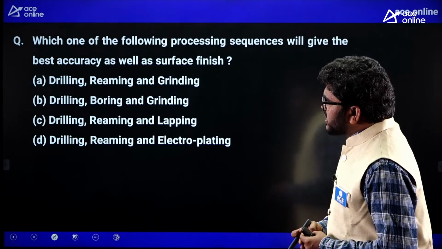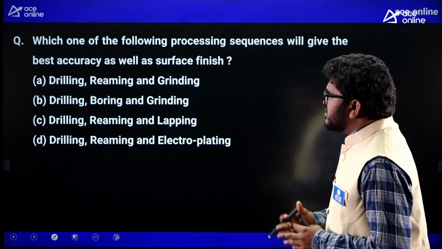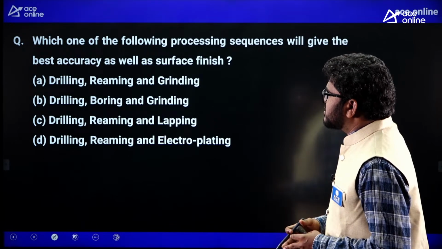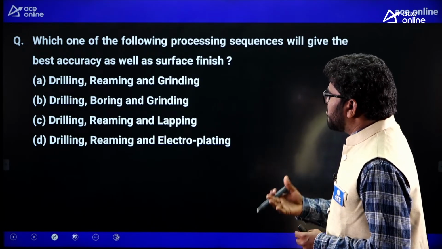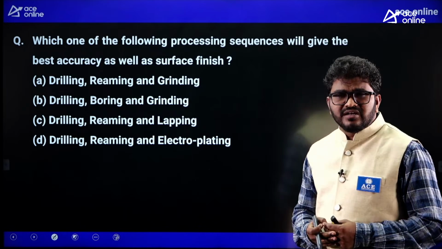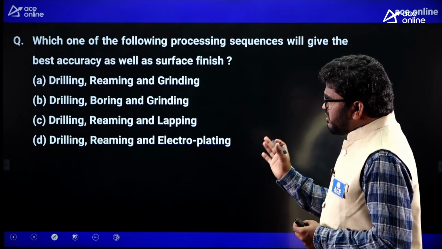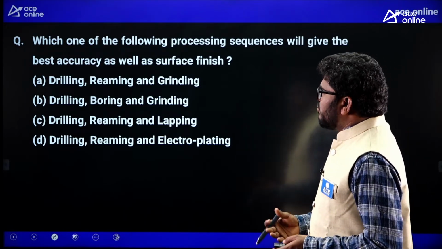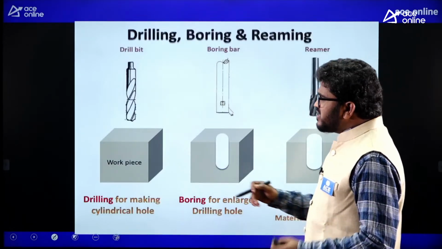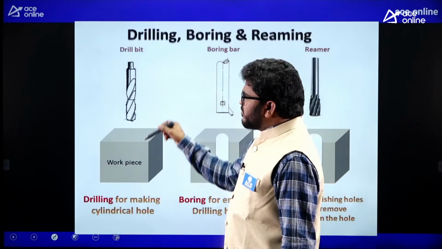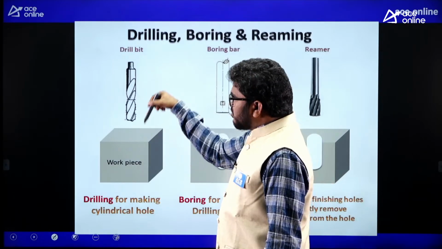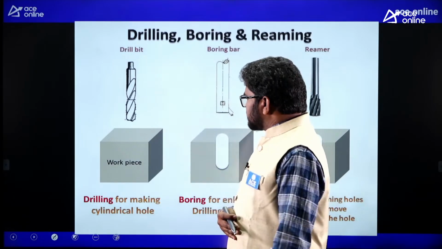Now, 4 options are given. In all 4 options, drilling is there, reaming is there, some places grinding is there, boring is there, lapping is there, etc. First of all, we will discuss these things. What do you mean by drilling? Drilling is nothing but, if this is a workpiece, we are going to make a cylindrical hole by using this drill bit.